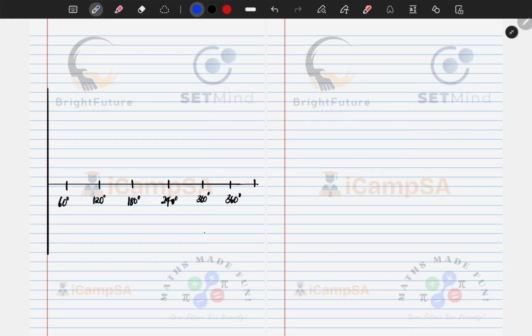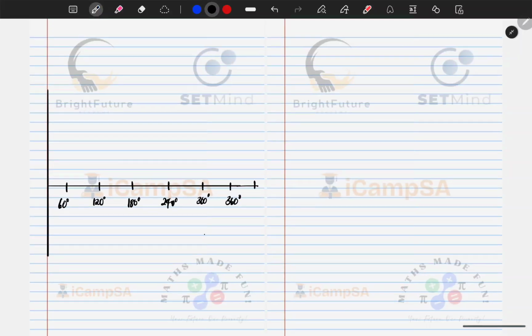Right, so now we know that it takes 120 to complete one cycle. And we know that you have your 1, you also have your -1. So now the graph will start, let's throw it a bit up, at -1.